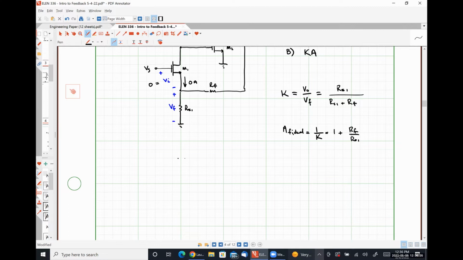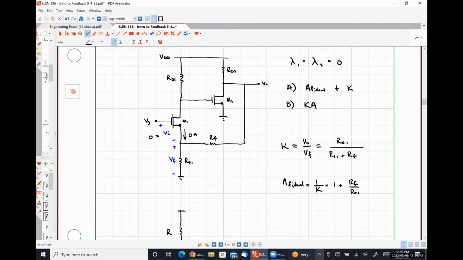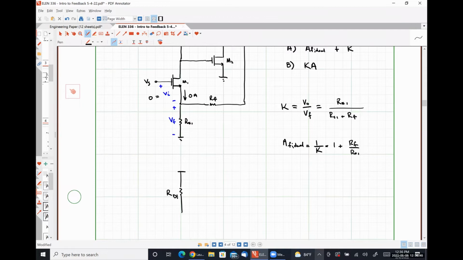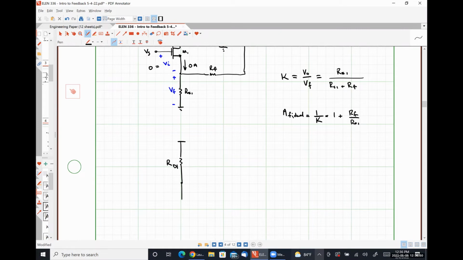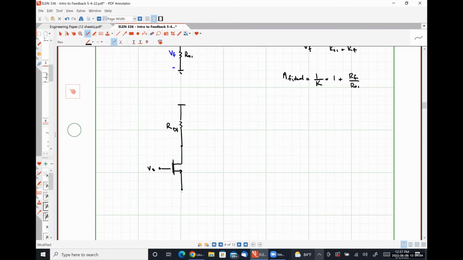So here is what I have is RD1. Here's VS. This was RS1.